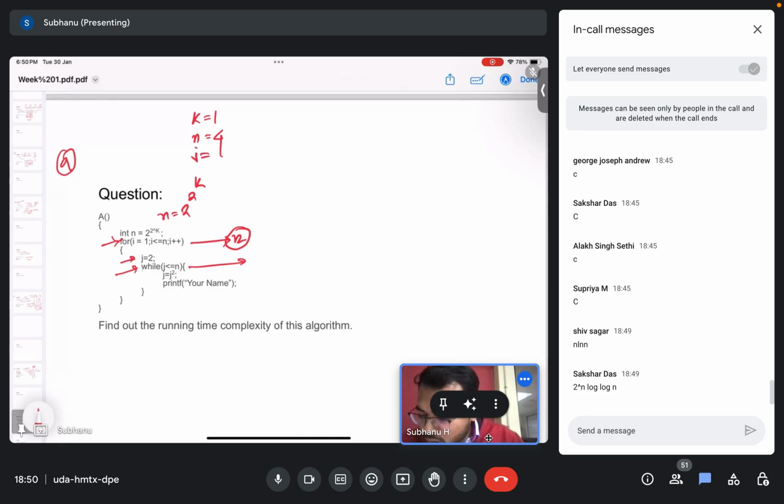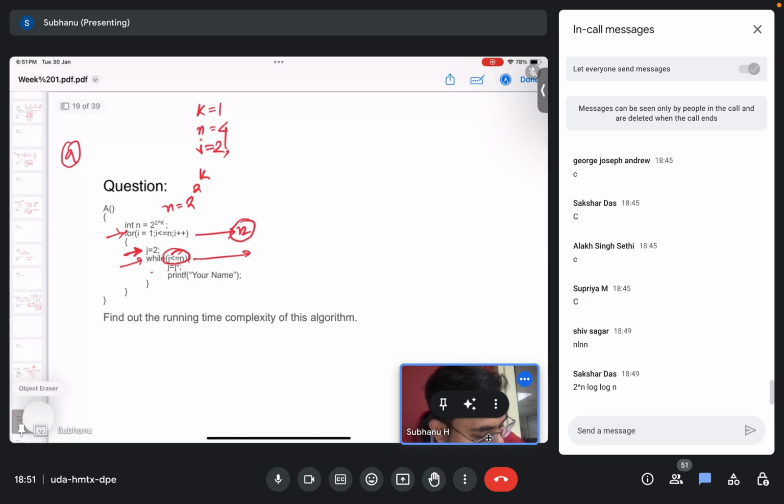It will start from j equal to 2, and it will come to this condition, j less than n or not. It will satisfy this condition, and j will be j square, that is, j will be 4. And then it will stop executing.